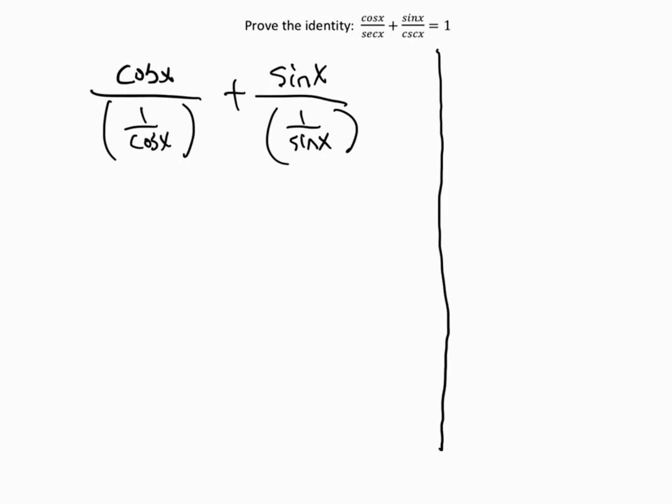So the next step is to divide, but when you divide by 1 over cosine, you are actually multiplying by the reciprocal. Again, when I divide by 1 over sine of x, I multiply by the reciprocal, which is sine of x over 1.